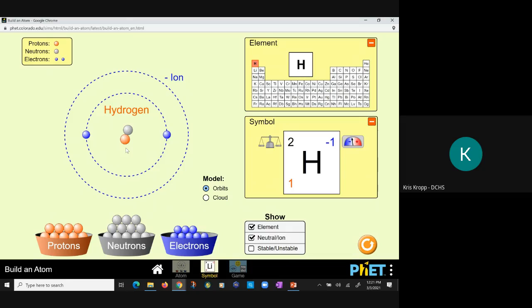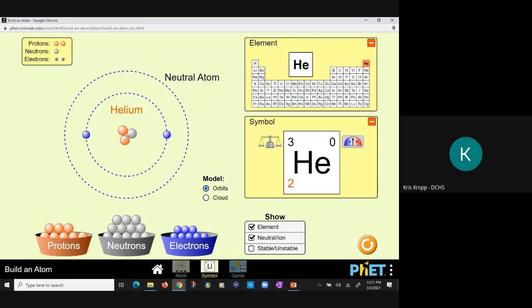So I can put my neutron in there, again, that changes the mass number. If I add another proton to it, look at that, changes the element symbol. We learned already that protons dictate what element we're dealing with. Notice my atomic number changed. I'm now on element 2, right? Hydrogen is 1, helium is 2.